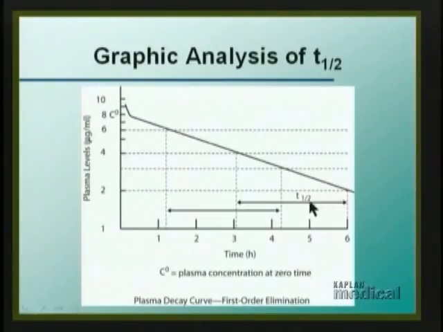Look at another point we can prove to ourselves here. What if I had started with 6 micrograms per ml, then a half-life later I would be at 3? How long would it take if I'm in first order kinetics? Remember, half-lives are constant. 6 micrograms per ml occurred slightly after 1 hour. 3 micrograms per ml, if I go to the diagram, occurred slightly beyond 4 hours, so that the half-life is again 3 hours.